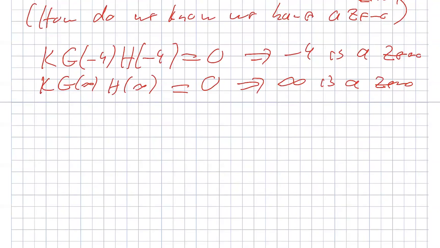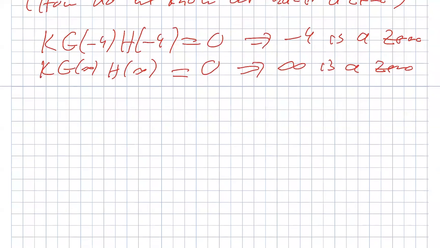Well, the question though is, we know if we put in a large number, it's going to go to 0, but the zeros are actually hiding at a particular location. So where are the zeros at infinity?